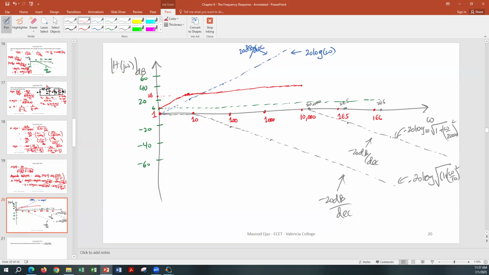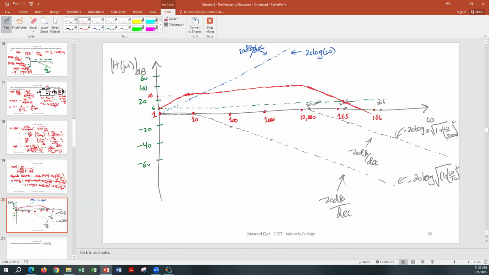Once it hits 20,000, now you have negative 20 decibel per decade, negative 20 decibel per decade, and positive 20. These two have already cancelled each other, so there's nothing for this one to be cancelled by. So now it's going to start going down by negative 20 decibel per decade. It's going to go to 6 again at 2 exponent 5, and it will keep going down.